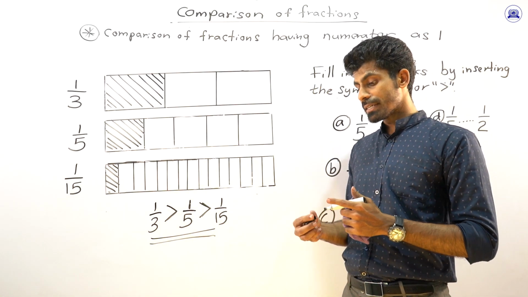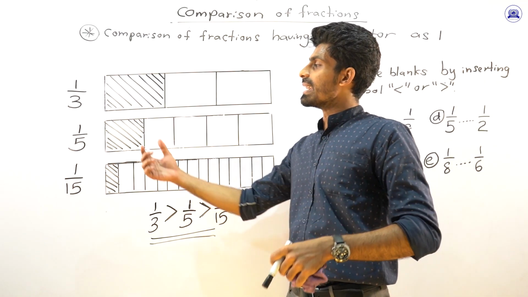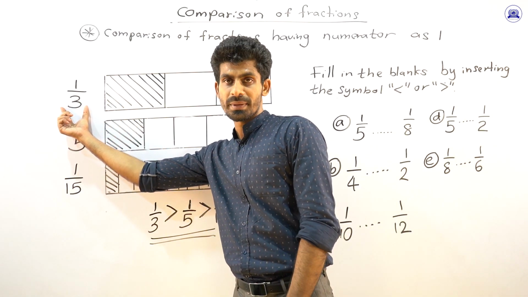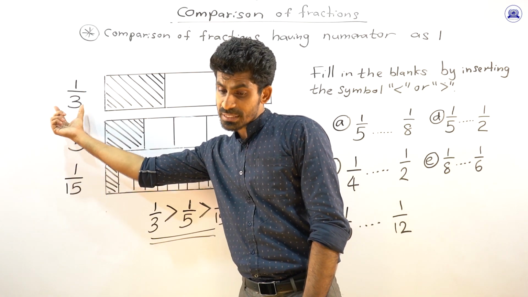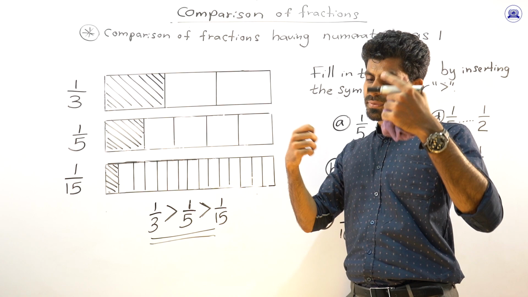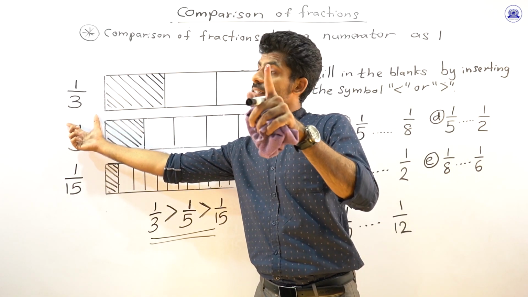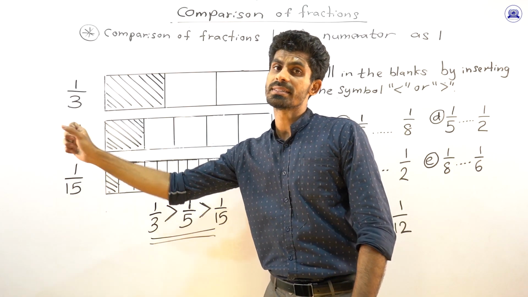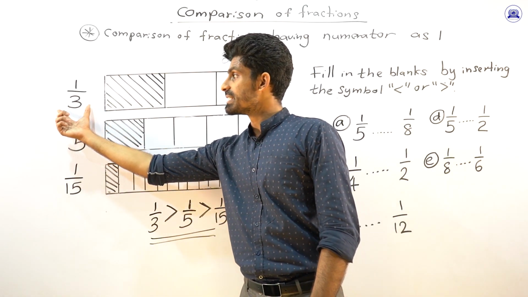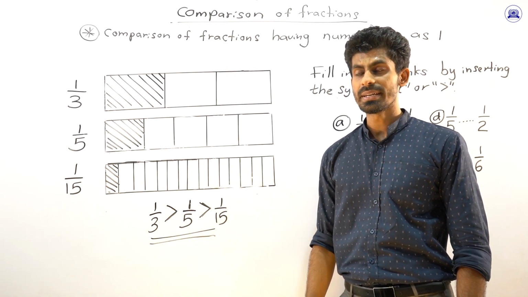We can get a conclusion here. Largest denominator: by considering 2 unit fractions, the fraction with the largest denominator is the smallest fraction.